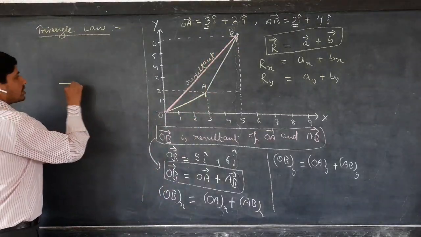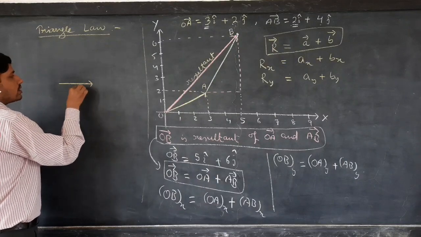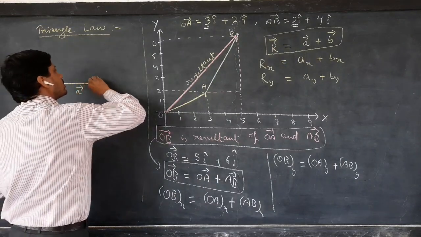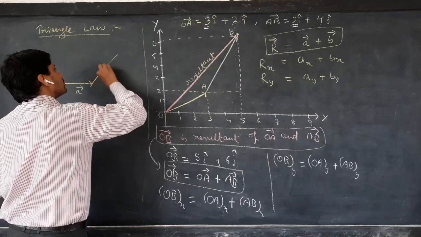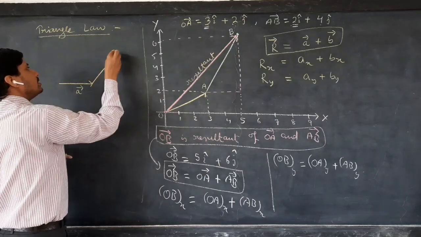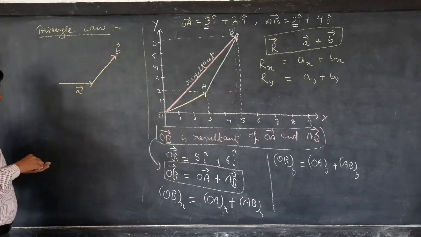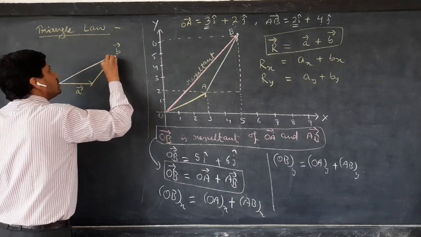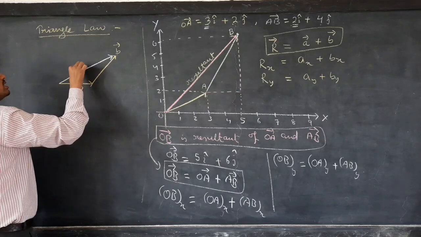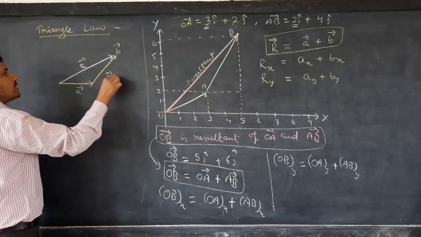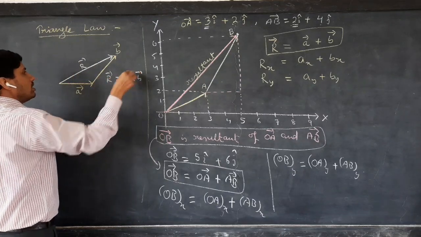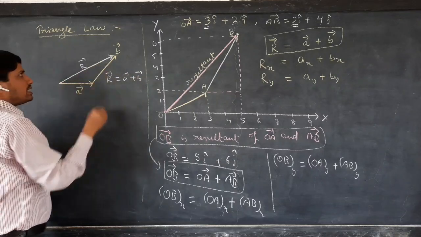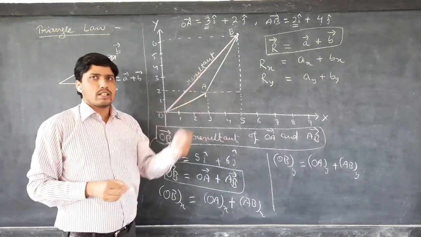If I have one vector like so, which I call A vector, and another vector like so, which I call B vector, then this vector, the third side of the triangle, will be the resultant, and we write R vector is A vector plus B vector. Now, when I say A plus B, it does not mean, for example, 2 plus 3 and so on.